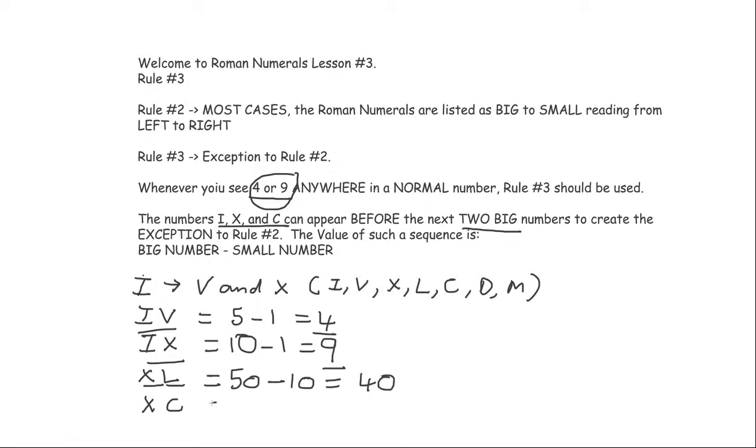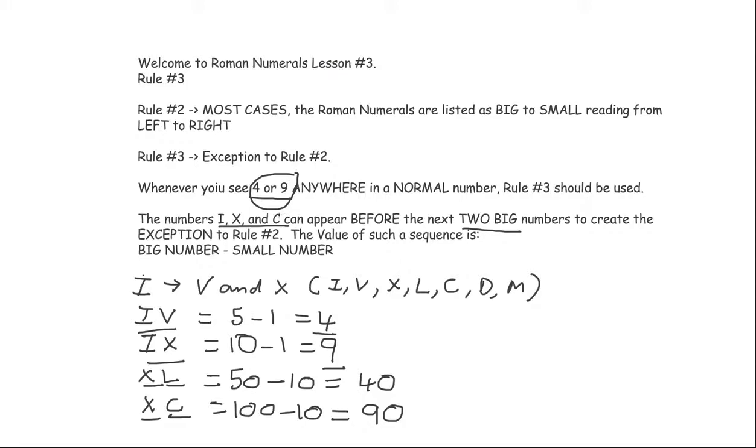Now, in this case, we have X and C. The value of the big number, C, is 100, minus the value of X, which is 10. So XC is equal to 90.